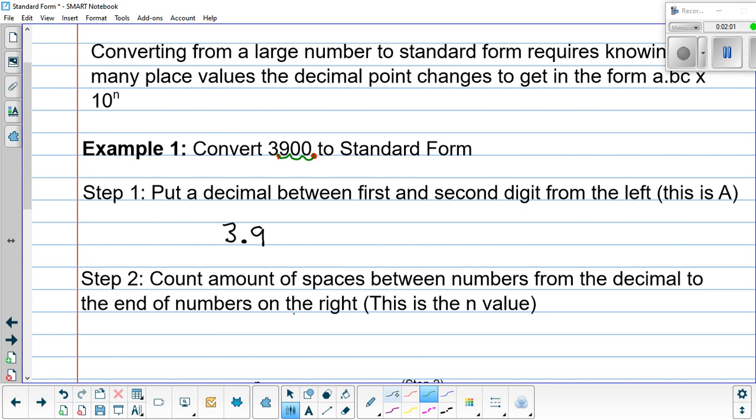So every single time we write this, times 10, and then the power is however many times we moved, which is 3.